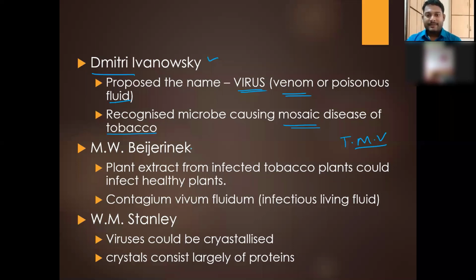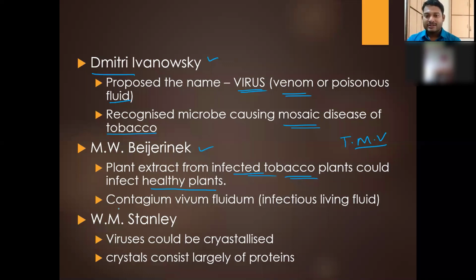Now, Beijerinck extracted the fluid from the plant affected by the TMV, and transferred it to healthy plants. He found that the healthy plants, when given this infected plant extract, became infected.